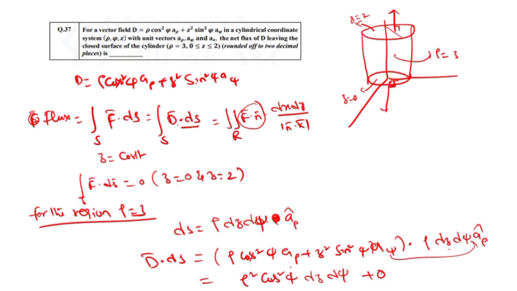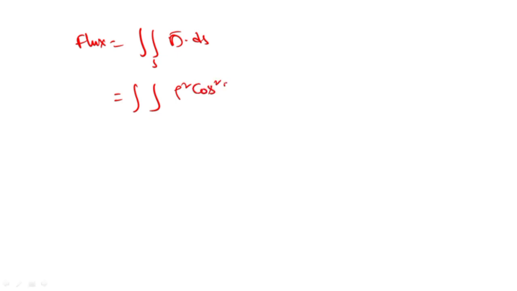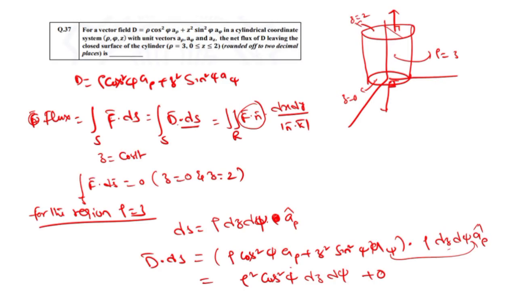Then the flux is the integral over S of D bar dot ds, that will be the integral of rho square cos square xi dz d xi. Here z varies from 0 to 2, and xi is a circle, so it's 0 to 2 pi.